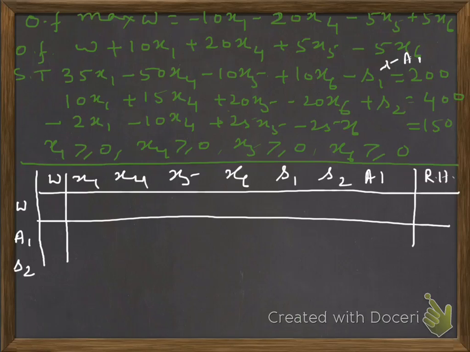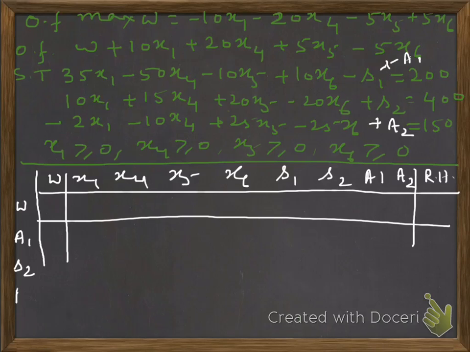The third constraint is of equal to type. Here again you are not getting any basic variable, and to resolve this problem we add another artificial variable here, that is a2, and we take that as a basic variable.